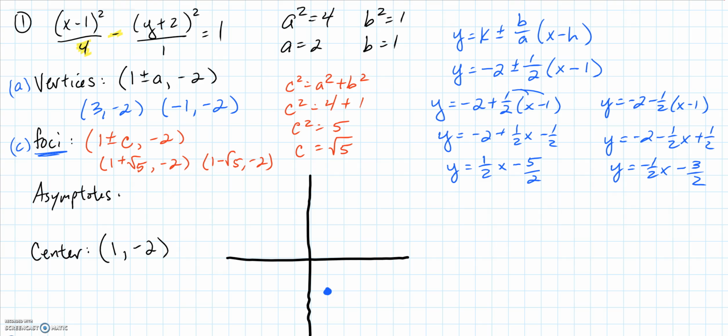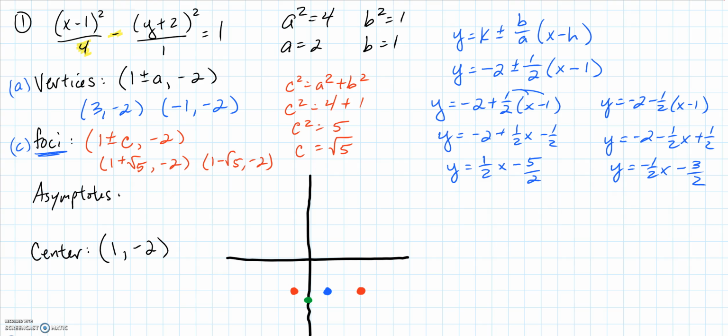My vertices are at (3, -2) and (-1, -2). We don't need to really worry about graphing the foci, we just had to find them. Okay, and then we need to graph the asymptotes. So -5/2 is -2.5. So I have a y-intercept at (0, -2.5).